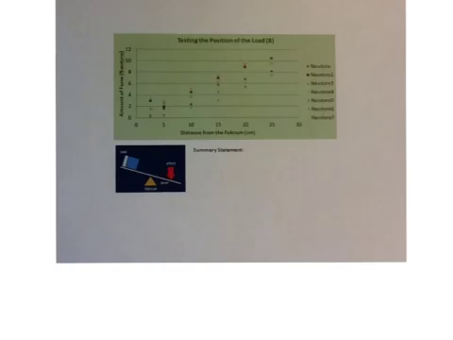As we look at the scatter plot for our second test, testing the position of the load, we took data from 7 different groups. We can see that the trend line increases. The amount of force increases.